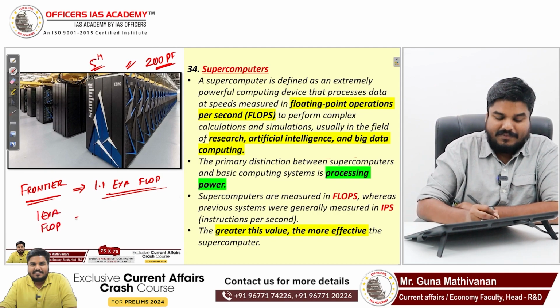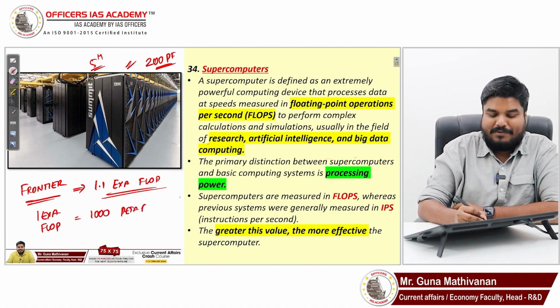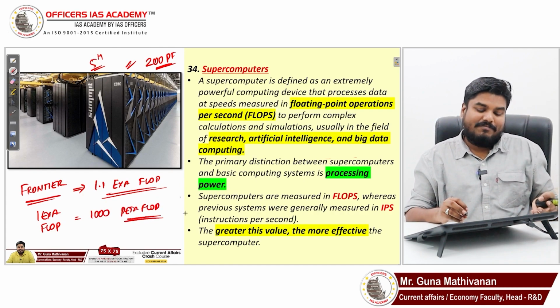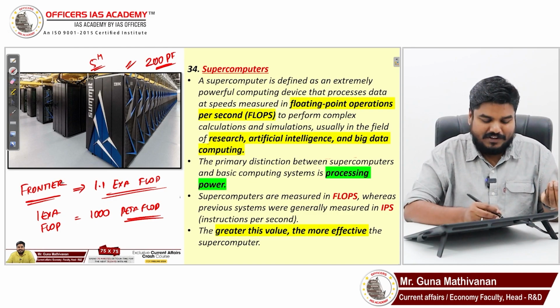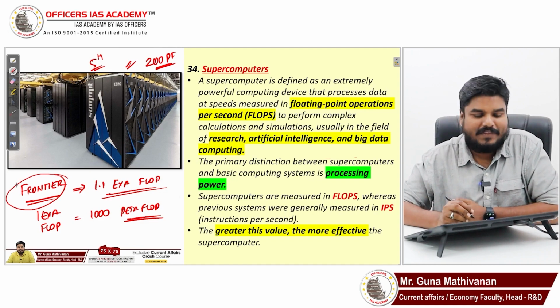You know what is petaflop? So 1 exaflop is 1000 petaflop. The most powerful supercomputer as of now in the world is Frontier, which is 1.1 exaflop.